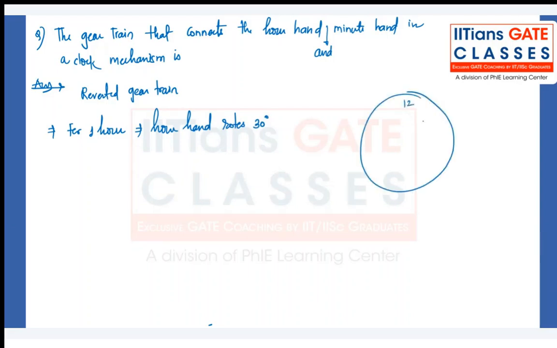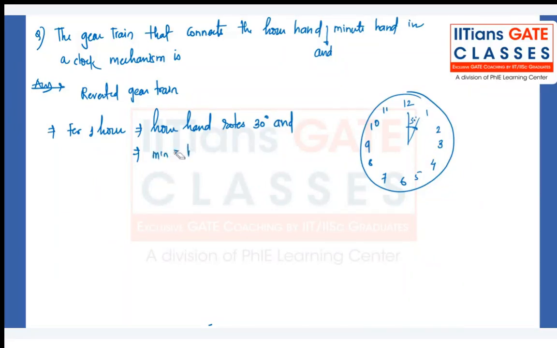Look at this: 12, 1, 2, 3, 6, 7, 8, 9, 10, and 11. This is the hour hand. This is a 90-degree angle, and this is a 30-degree angle, right? So 1 hour means 30 degrees. So the hour hand will rotate 30 degrees.